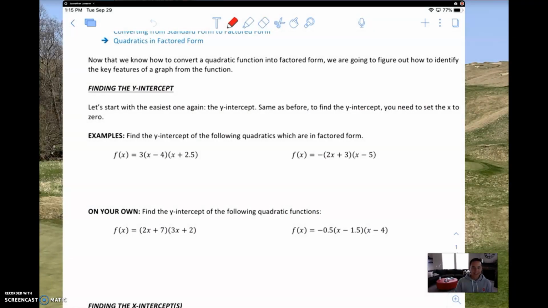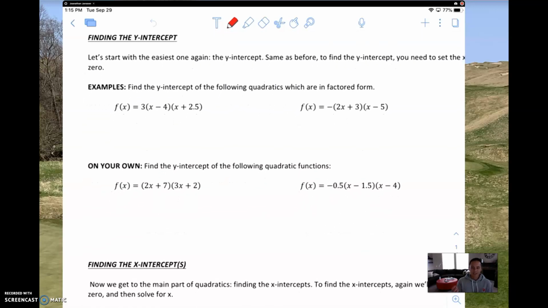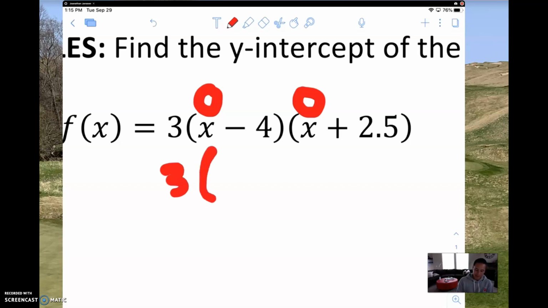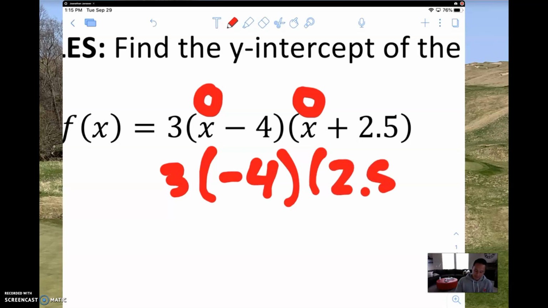Again, this is going to be the easiest one because it's the exact same process that we've followed before. To find the y-intercept, all we have to do is set the x-coordinate to 0. So let's replace this x with a 0, and we'll replace this x with a 0 here. And you'll notice that we have 3 times 0 minus 4 is negative 4, and 0 plus 2.5 is 2.5.